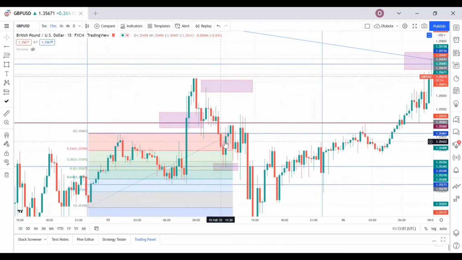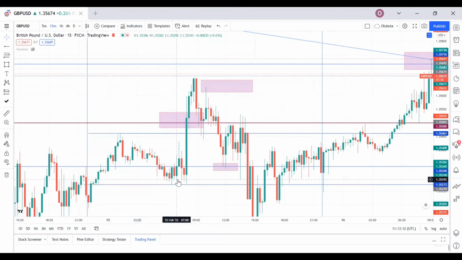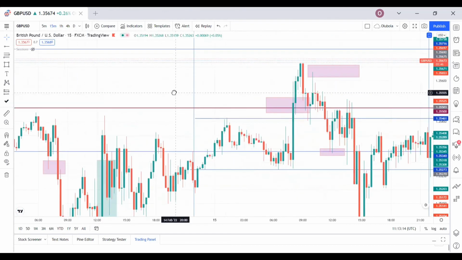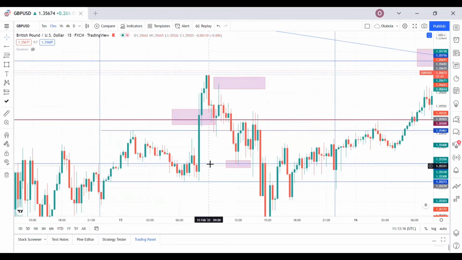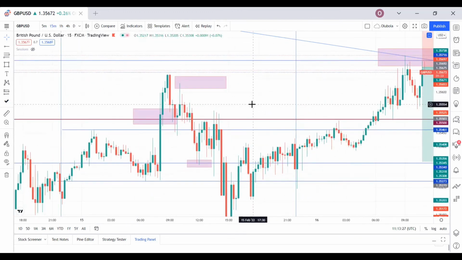People that use the fib, if you look at it, the low of the week is actually in that zone. And for people that trade the London session breakout, they will still be open.